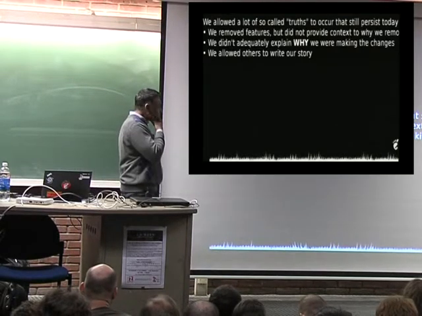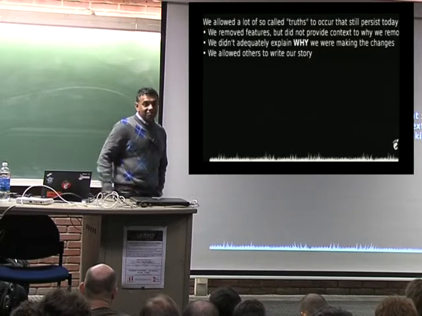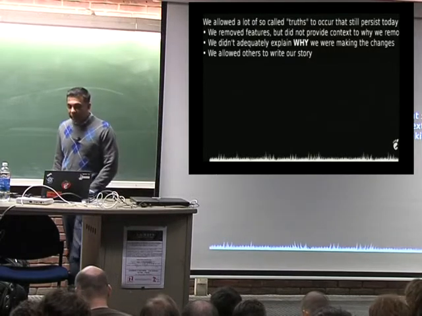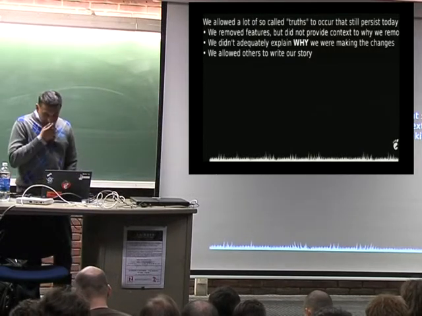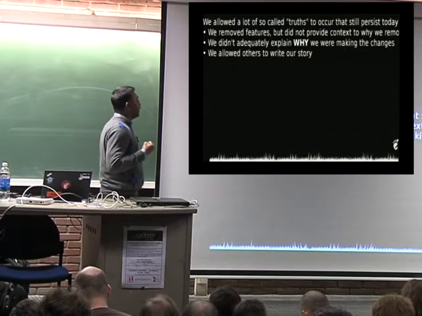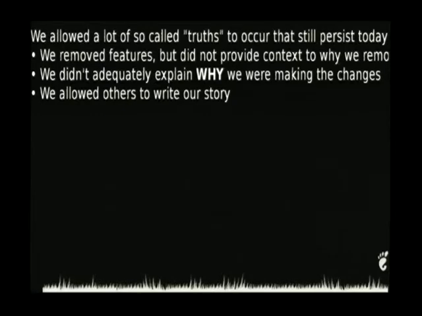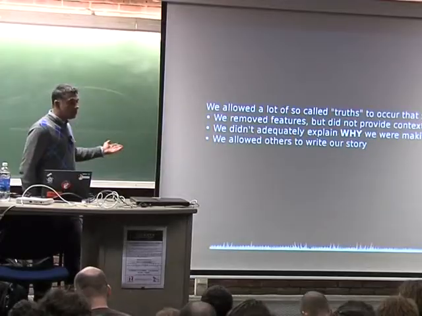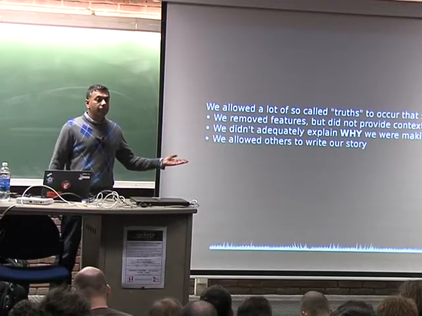So when we removed things, we didn't provide any context as to why we did it. We didn't actually explain why we were making the changes. And most importantly, we allowed others to write our story. That's where common wisdom comes about. Because we didn't write our story. We let other people write everything for us.